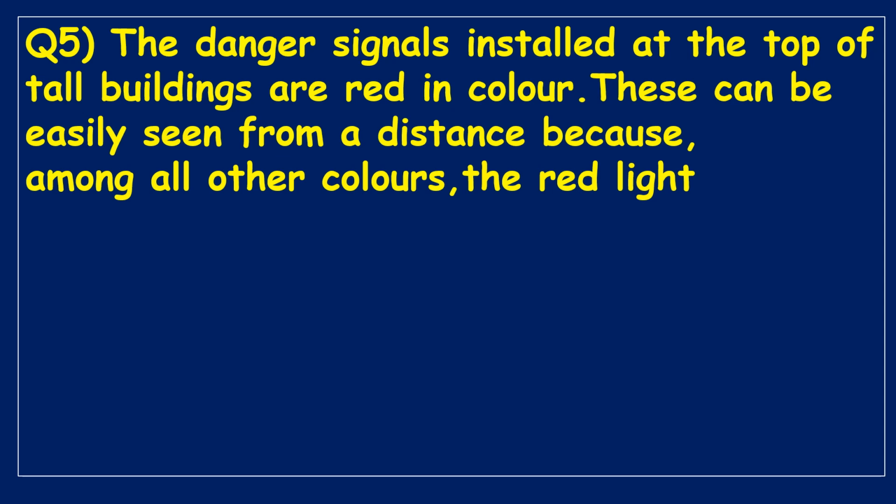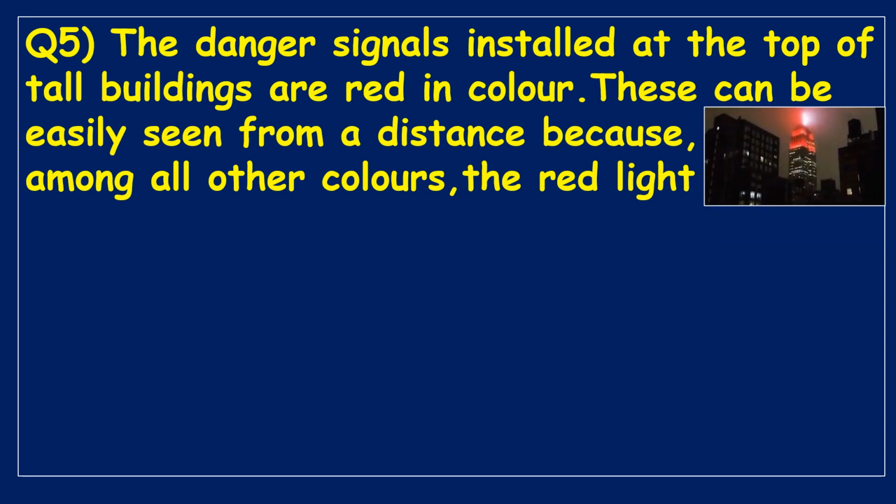We can see red lights rather than other colors. Why do we use red color? See the picture here, the top of the tall building where you can see red light. Why do we use red light in this condition? Even at the signals also we use it.